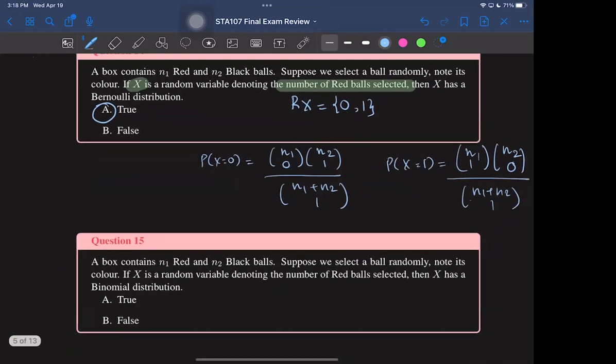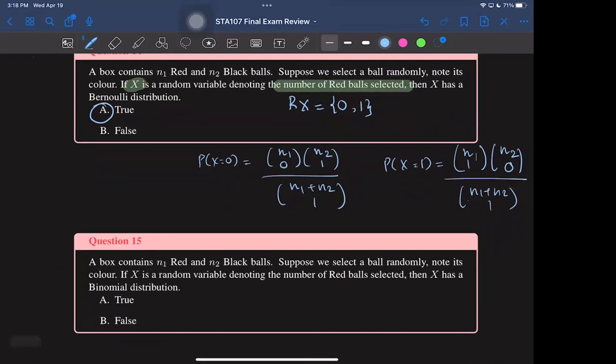Okay, if no question, I will let you vote for question 15. Feel free to just private message me if you have any confusion. Again, it is exactly the same experiment as in question 14.